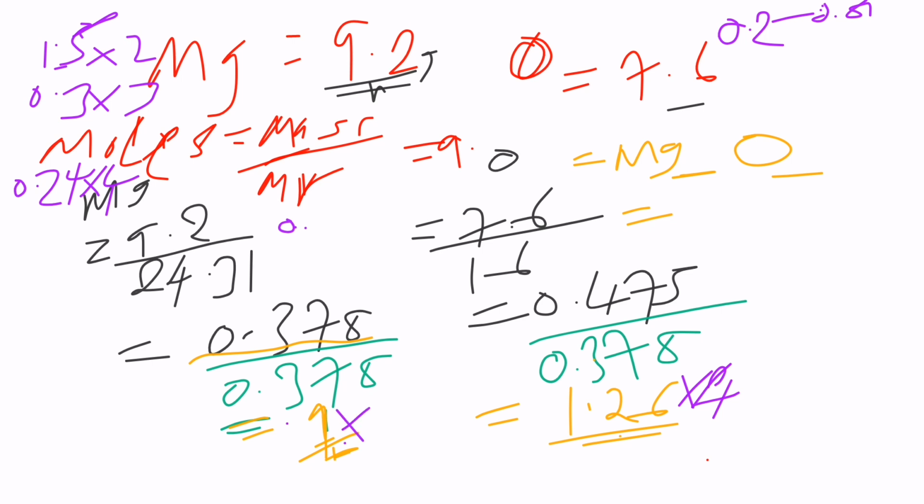Even here we multiply by 4. So the answer here will give you magnesium 5 and oxygen 4. So the empirical formula is magnesium 4, oxygen 5.